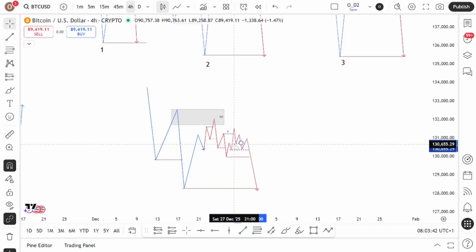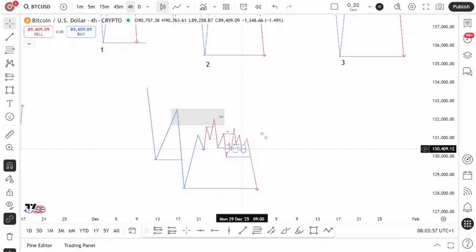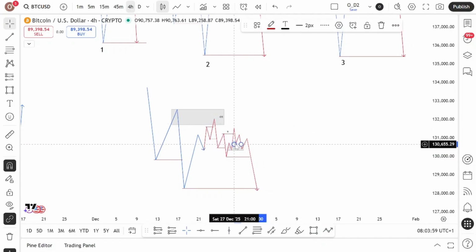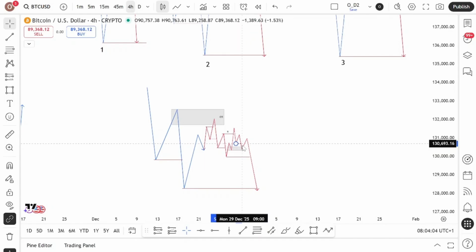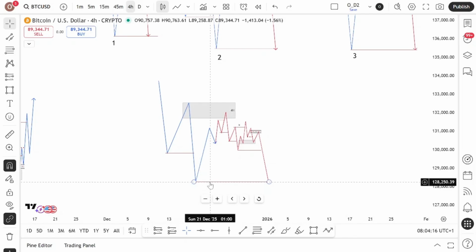Immediately you see this structure form inside this structure, because what is going to be happening is price is going to be making use of this point as a POI. Okay, so immediately you see this internal structure being formed here. Now, right, you can go straight in aggressively from here and sell down to this place.